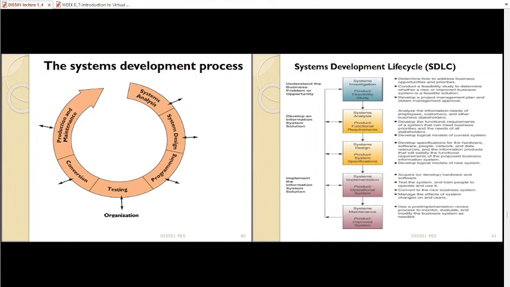Now, we have a very simple methodology that we refer to as the system development life cycle, where we begin with system analysis, then we move to system design, then programming, testing, conversion, and production and maintenance.